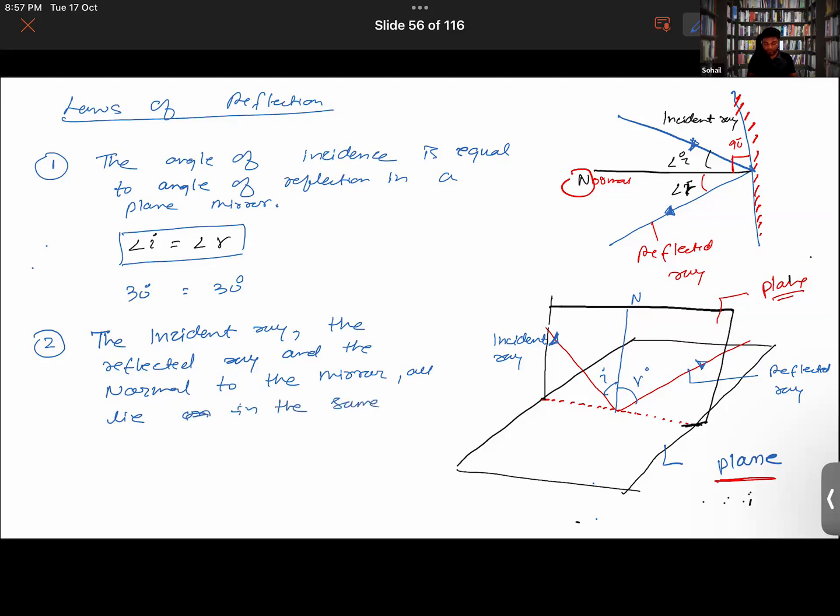In the same plane. Is the definition of the second law clear or not? Guys, is the definition clear to all three of you? Okay. Sundus, is that clear to you also?